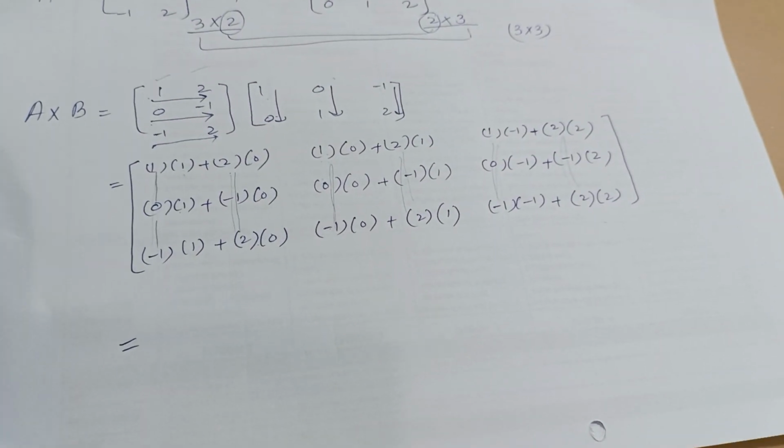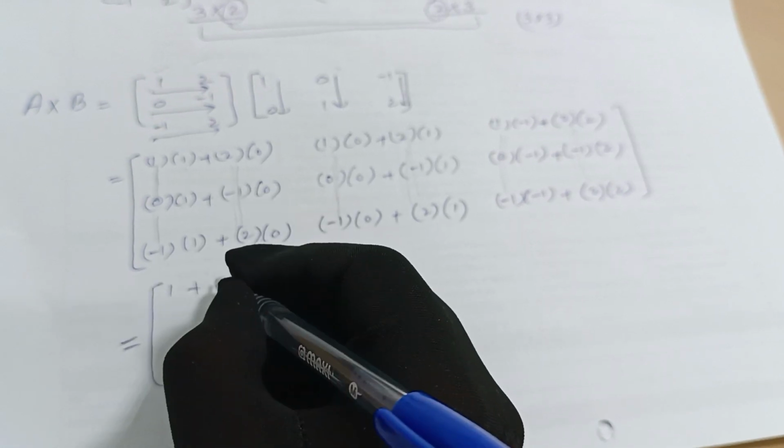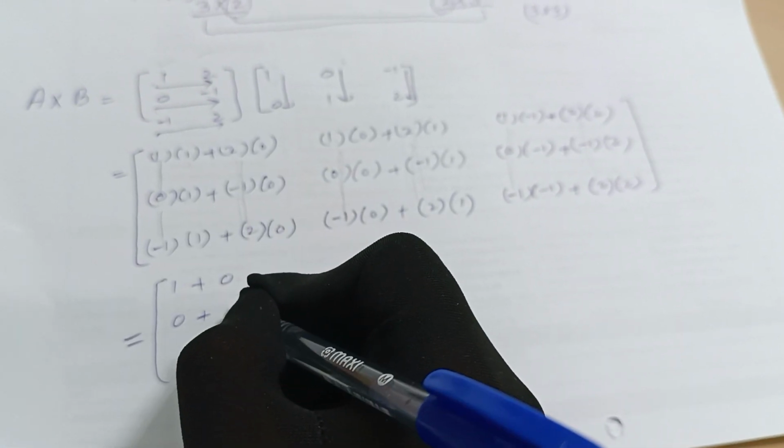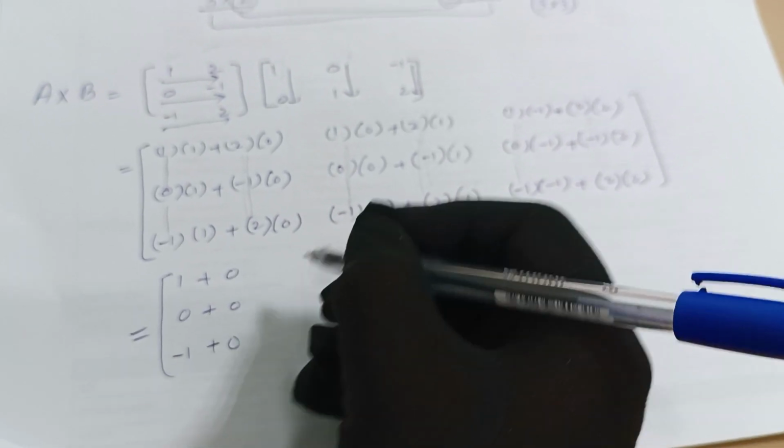Now we will continue writing. 1 ones are 1 plus 2 zeros are 0, 0 plus it is 0 minus 1, and the product of 2 with 0 will be 0.